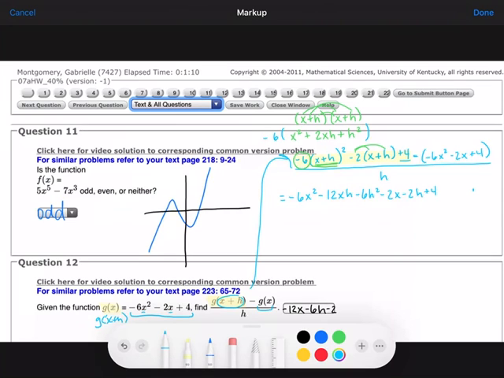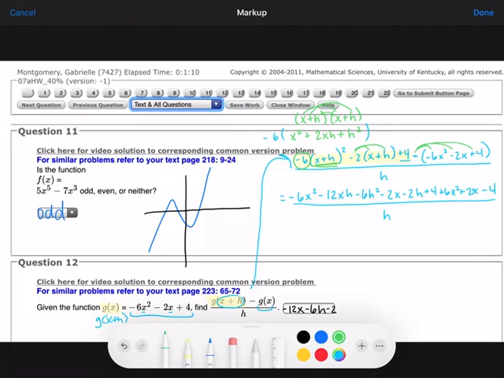So I get negative 2x minus 2h, then I have a plus 4. And then here, I'm going to distribute this negative all throughout. So I get plus 6x squared plus 2x minus 4. And this is still all over h.